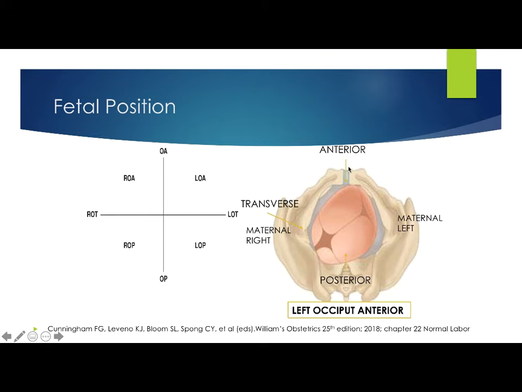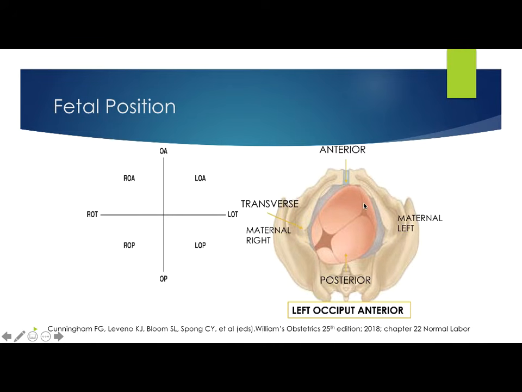Now imagine drawing two perpendicular lines across this pelvic cavity, like a cross. For a fetus in the vertex or occiput presentation, such as this one that we see in this picture, our landmark will be the occipital or posterior fontanelle, which in this drawing you see as the fontanelle that's triangular in shape.